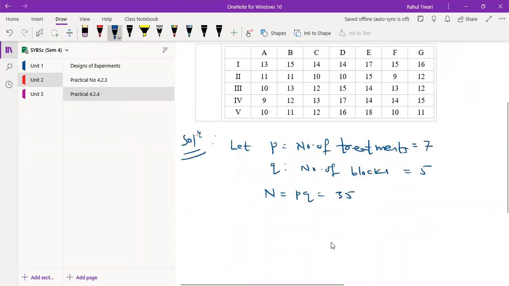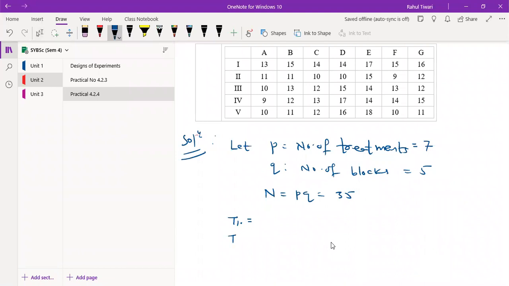Now we need to obtain Ti dot. This dot represents the total over the first treatment. So what could be the total of this one? It's the first treatment total.